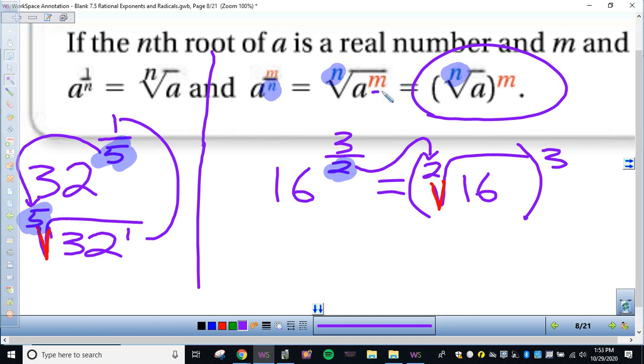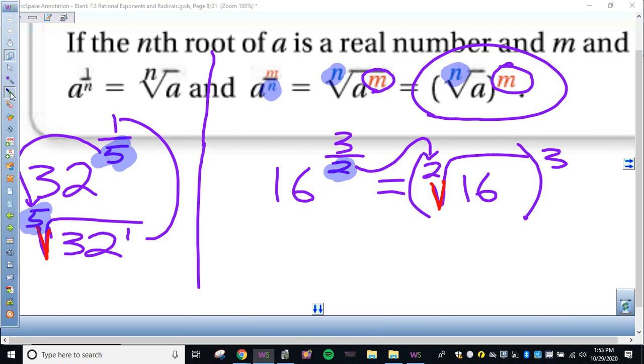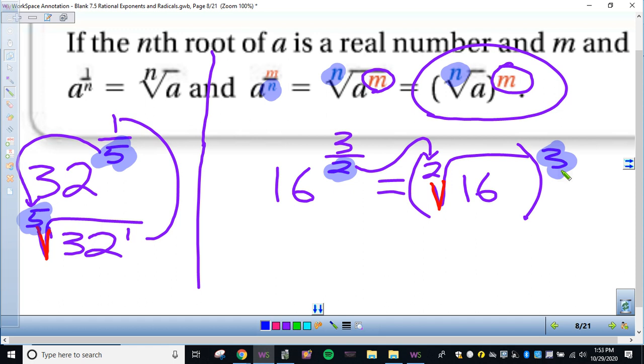Remember, it can be either underneath or outside. So the reason I chose to write this 3 outside of the parentheses is because I'd much rather take the square root of 16 than cube 16. Because then I have to multiply 16 times 16 times 16, which is a hassle.